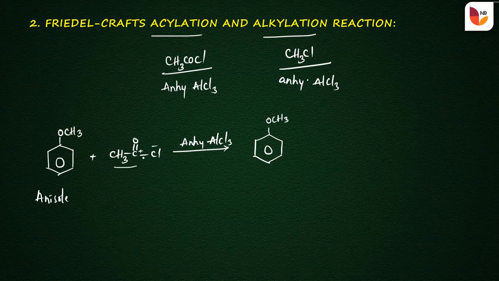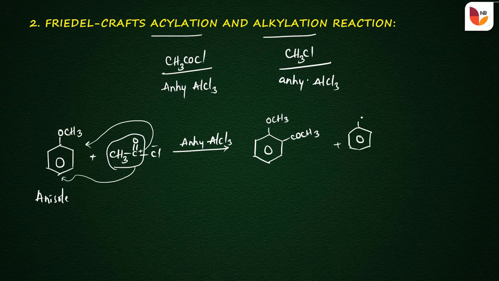The electrophile is COCH3. So this COCH3 is attached at the ortho position as well as at the para position. So it is COCH3 and the para product is OCH3 and COCH3.